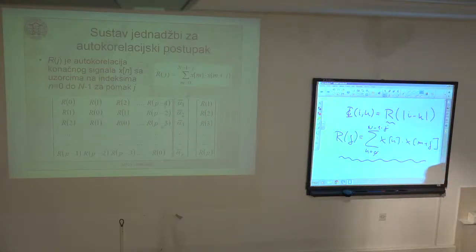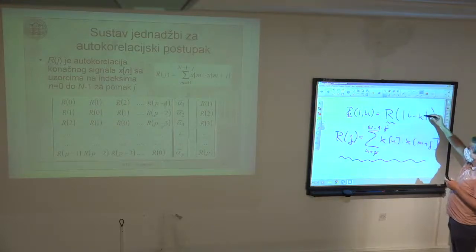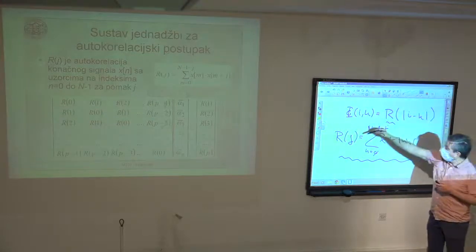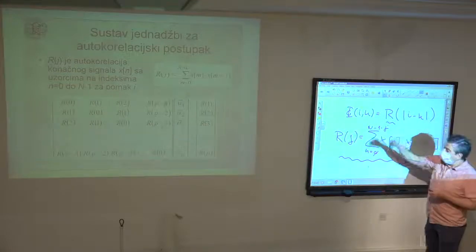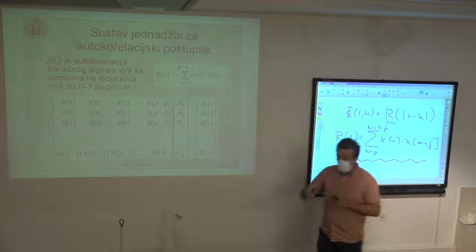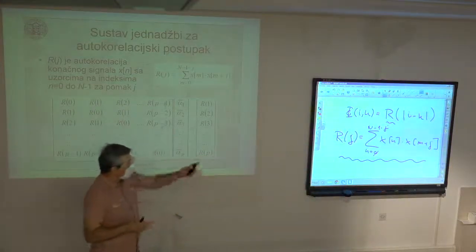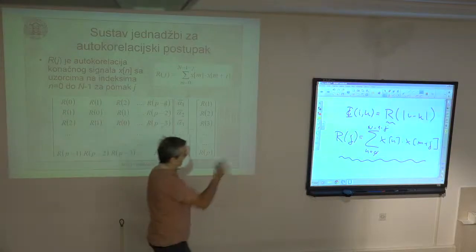So I take only the absolute difference between index i and k, and I compute the autocorrelation value for lag. We call this lag. So this is the delay, how much I delay one of the sequences. I delay it by j.